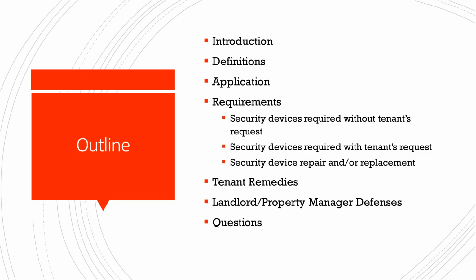We'll talk about requirements, security devices required without a tenant's request, those required with a tenant's request, and then repair or replacement requirements. We'll talk about tenant's remedies. If the landlord fails to comply, what the tenant can do. We'll also talk about defenses, both for the landlord and the property manager. And like I said, hopefully we'll have some time at the end to answer any questions you have.